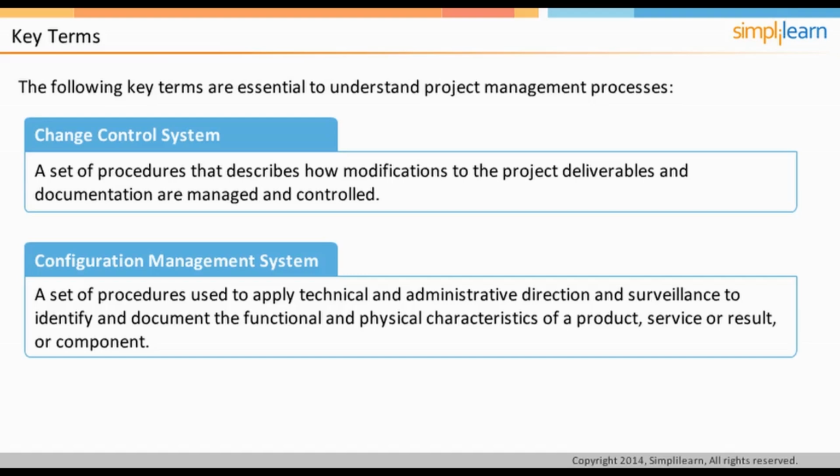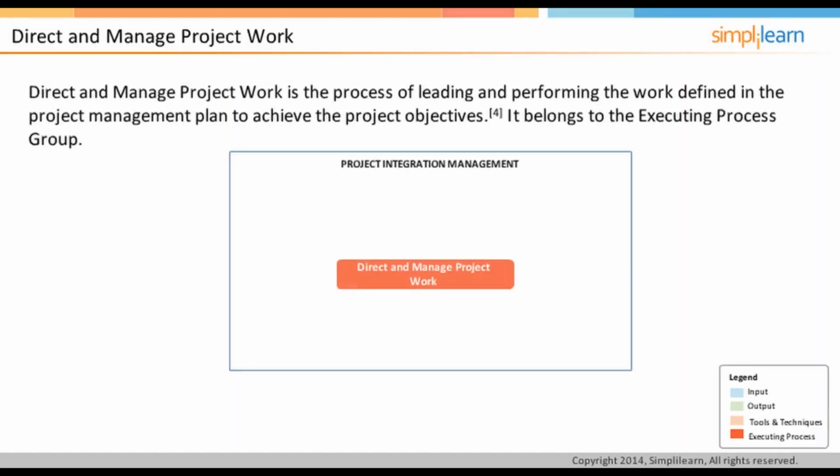Examples of configurable items are project documents, source code, physical parts such as tools, recommended settings for machinery, etc. When a formal configuration management system is put in place, it is essentially establishing a control system that can preserve the characteristics of these items. Now, let us look at the next process of the project integration management knowledge area, which is direct and manage project work.